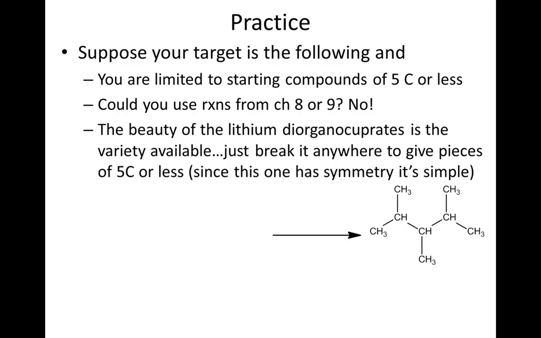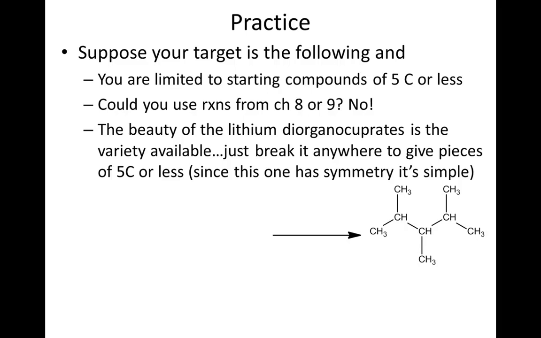Remember, I said you need a list of what reactions you have that make new carbon-carbon bonds. So we had the little reactions that make 3-membered rings. Well, there's no 3-membered ring in here, so that doesn't sound all that great.